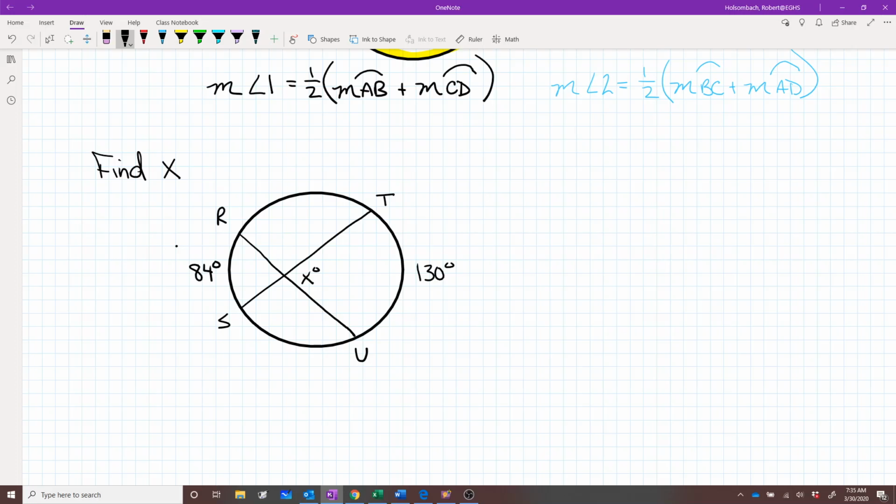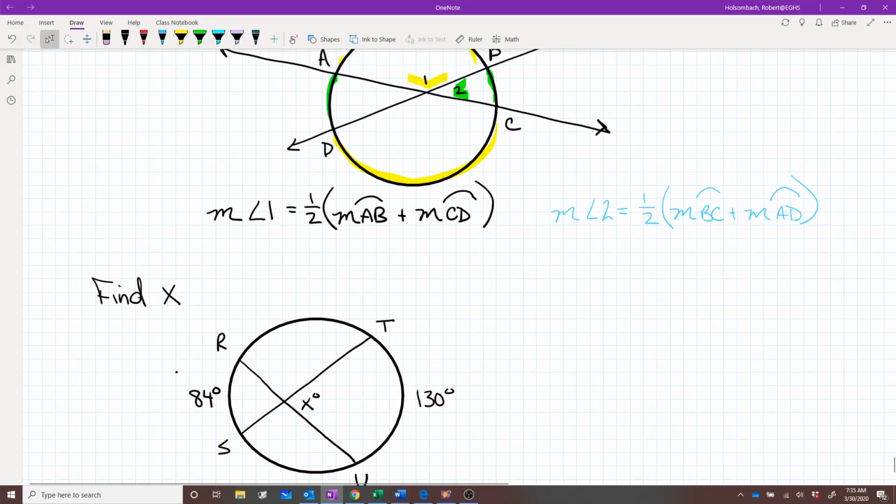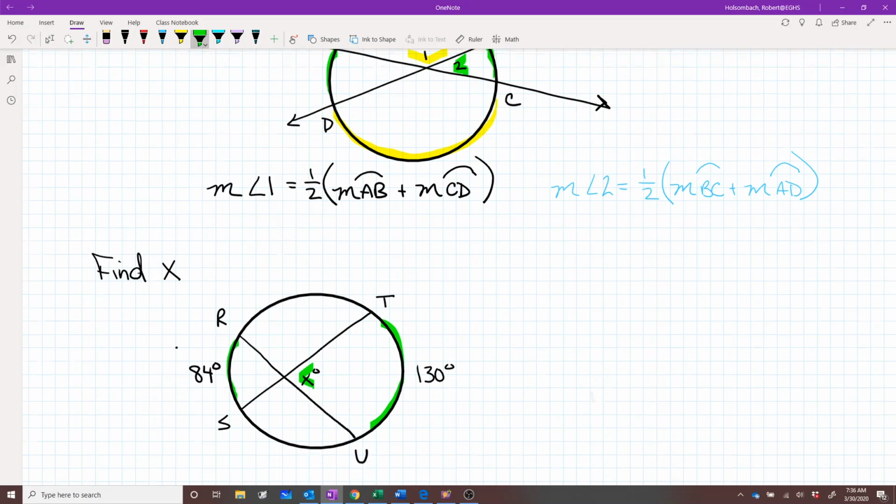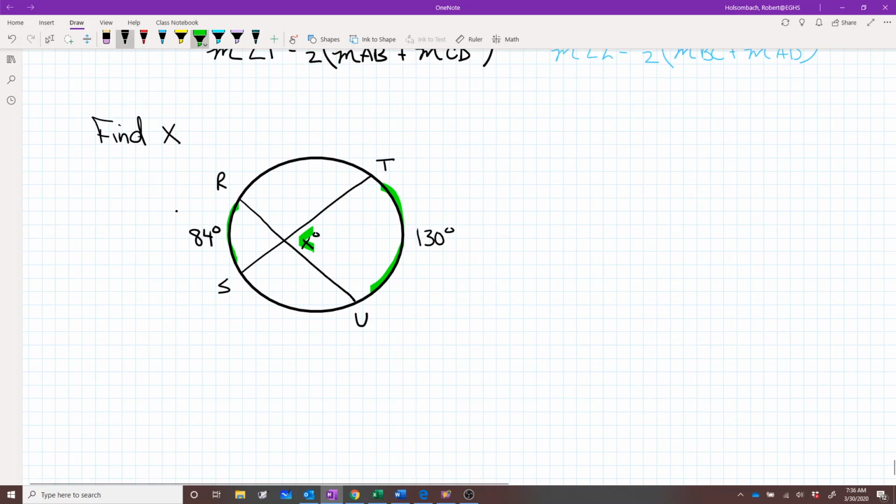So if we apply the rule, and this looks just like the green example up here. Alright, so here's angle x is going to be equal to 1/2 of arc TU plus arc RS. So here's your math. Let's just say that x is equal to 1/2 times 130 plus 84.